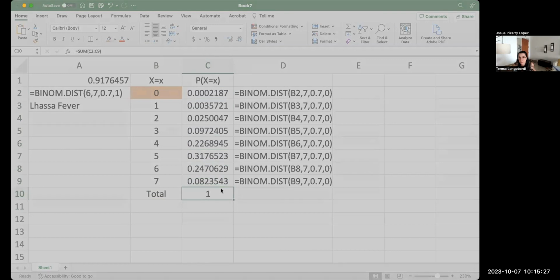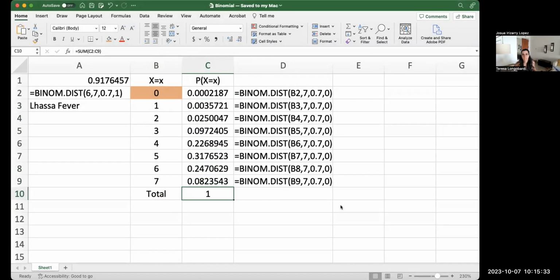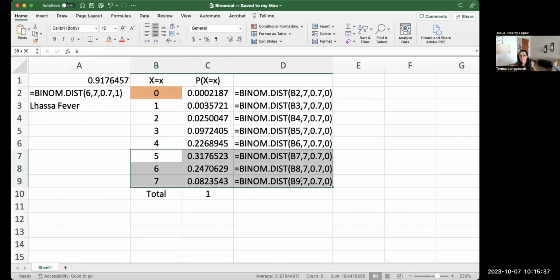Okay, Orlando, your question? What about if we are asked to determine 5, 6, or 7? Is there a way to do it automatically in Excel, or do we calculate each one separately and then sum them up? Yeah, I don't know any other way. You just got to do this.